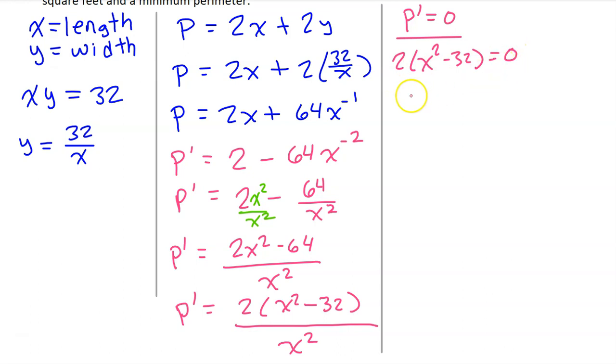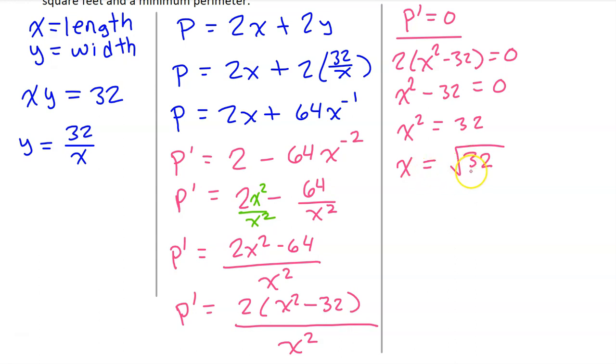Dividing both sides by 2 gives us x squared minus 32 is equal to 0. Adding 32 to both sides gives us x squared is equal to 32. Taking the square root of both sides would normally give us x is equal to plus or minus the square root of 32, but we were told in the setup that these numbers have to be positive.